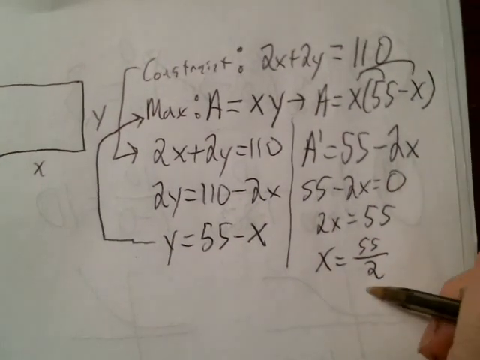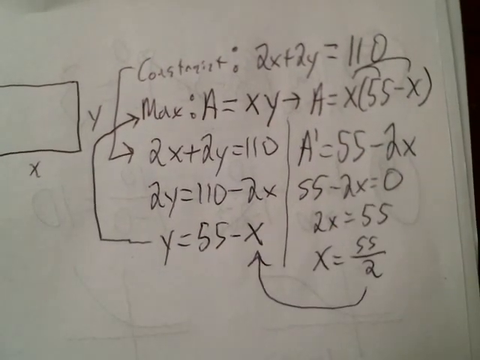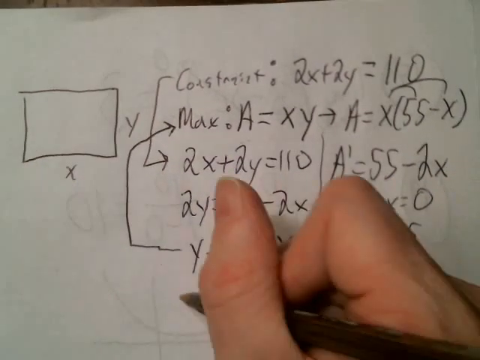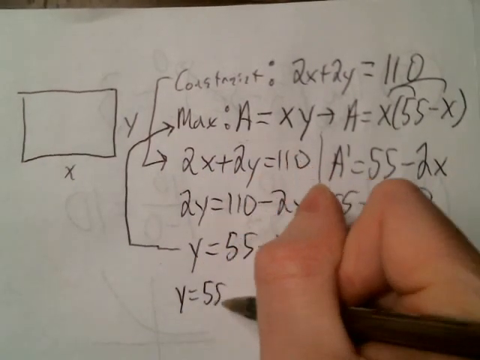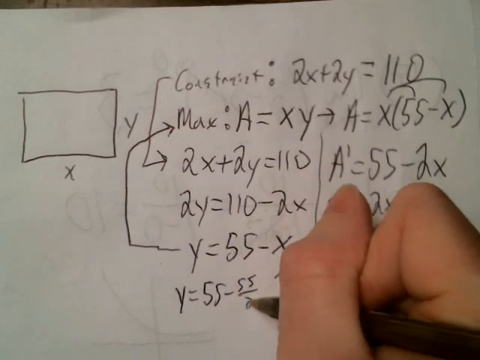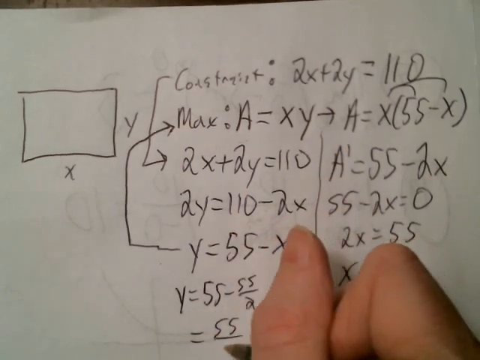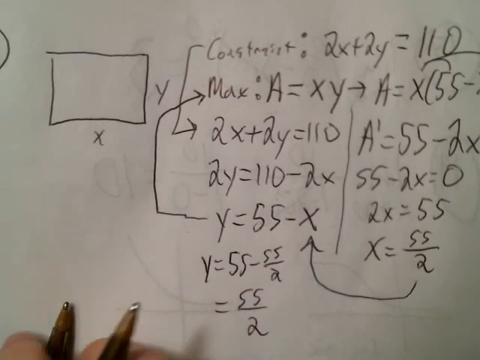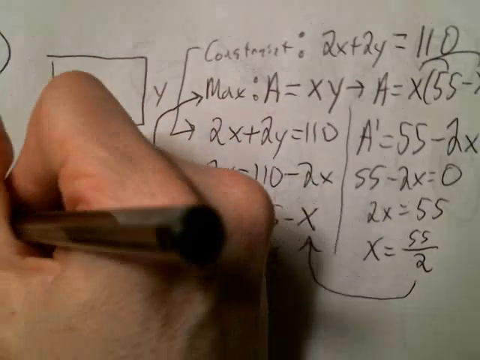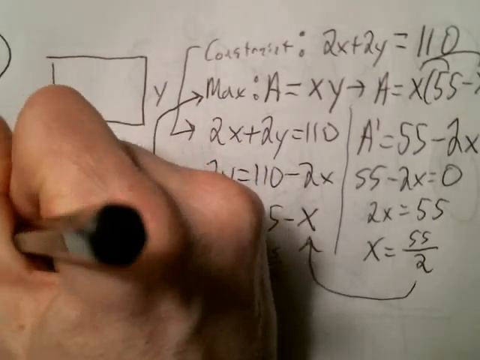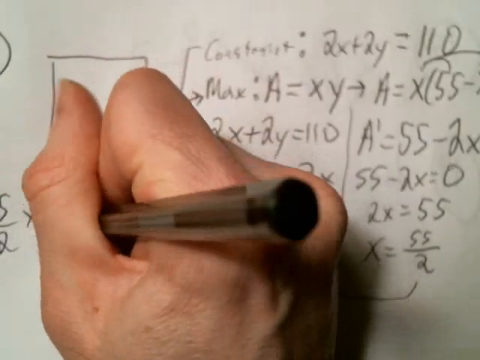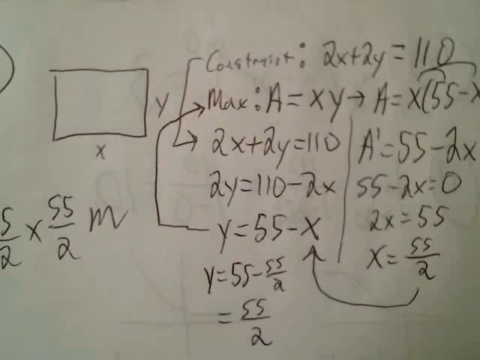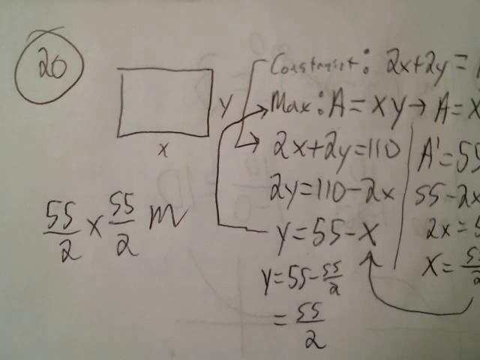Then I find my y value by plugging it in: y is 55 minus 55 halves, which also is 55 halves. So at the end of the day, the dimensions are 55 halves by 55 halves meters.